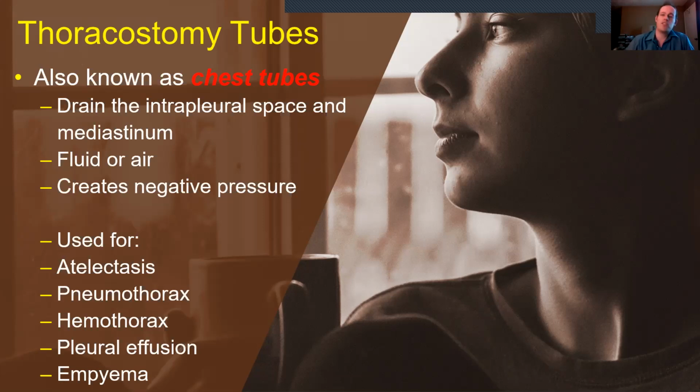If you were ever to walk into a room and you saw that chest tube box on the patient's bed or above their bed hanging, you would immediately want to make sure that you take that box and put it back on the floor. Because what's going to happen is, because this works on negative pressure, the only way that those chest tubes will properly drain is if that box is on the floor to create that negative pressure to pull or vacuum the fluids or air out.